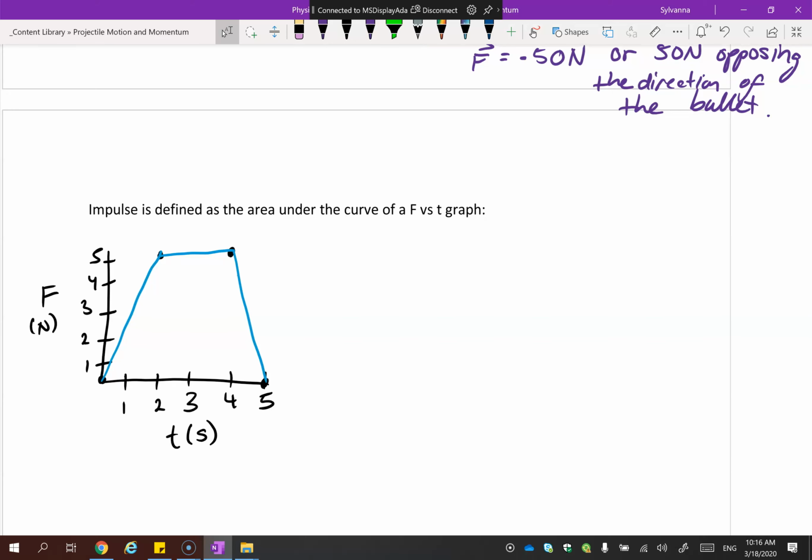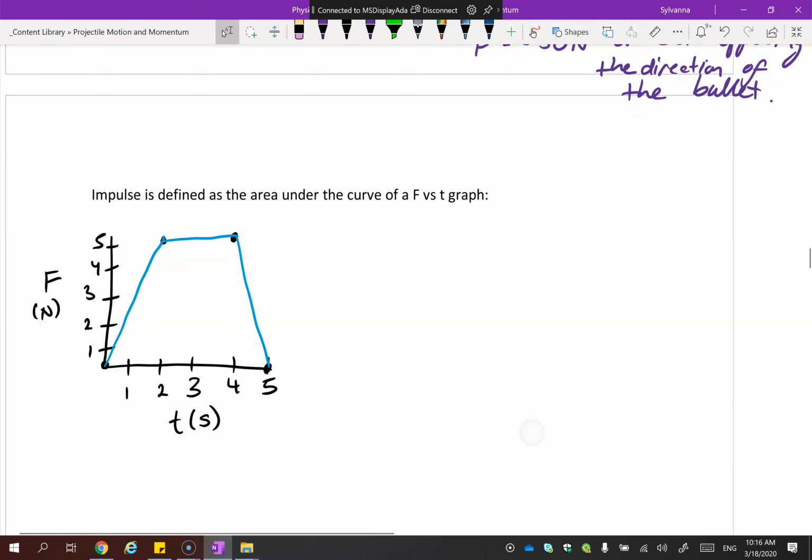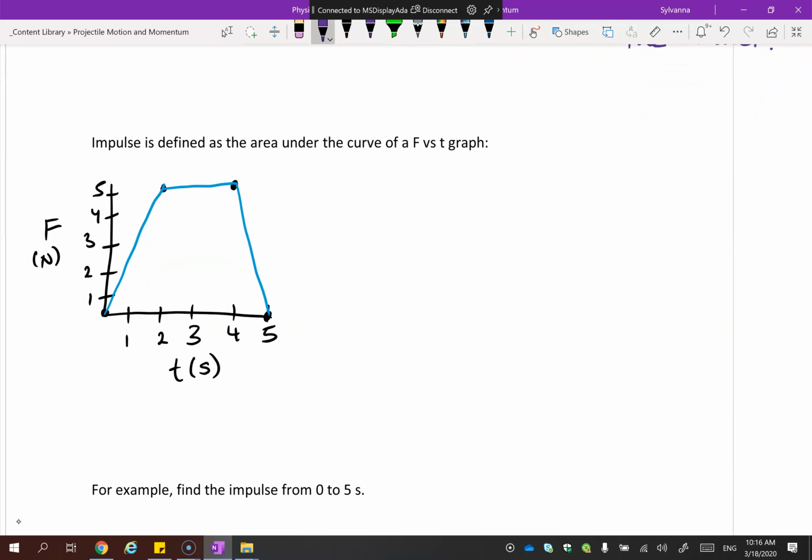So if we're looking for the impulse, we can just find the area underneath this curve, which means we're going to break this graph up into easy pieces where we can find the area. So I'm going to break it up right here. So we have a right triangle as one of the areas we're going to calculate. And also over here, then we have a rectangle that we can calculate the area of, and also another triangle.